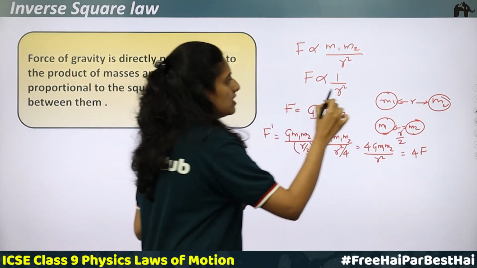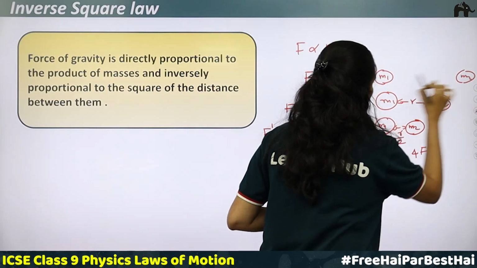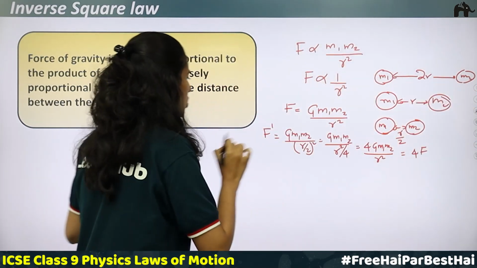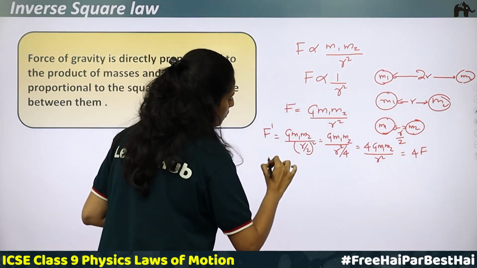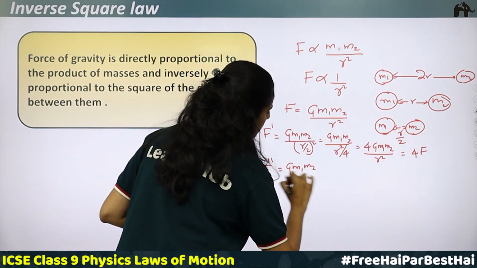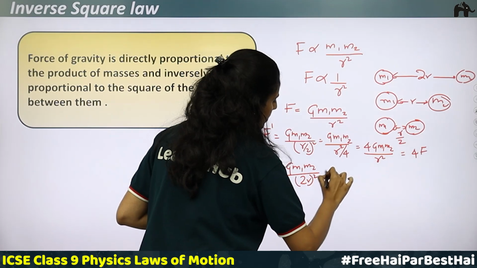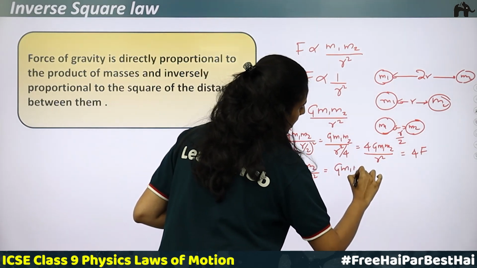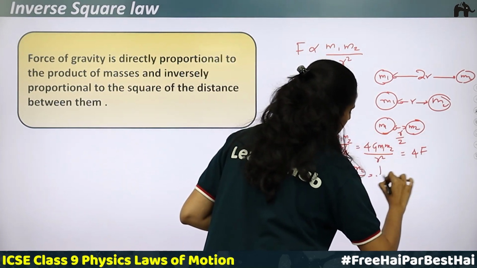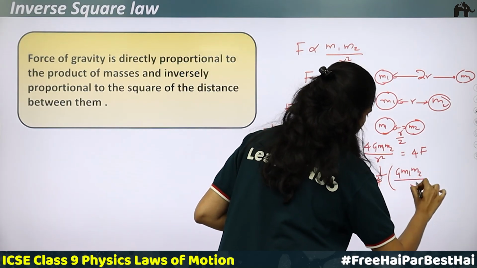Okay. Now, if the distance of separation is doubled, m1, m2, okay, r becomes 2r. Then what happens? We will be having the new force F double dash equal to G m1 m2 divided by, here it will become (2r) whole square, that is G m1 m2 divided by 4r square, equal to 1 by 4 into G m1 m2 divided by r square.